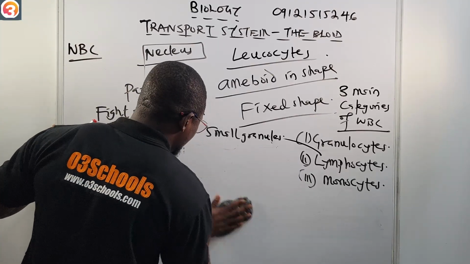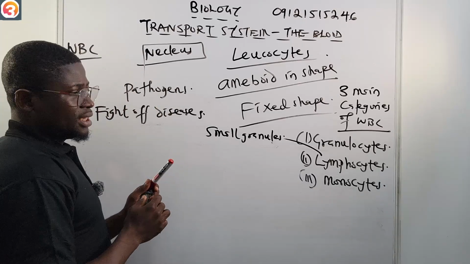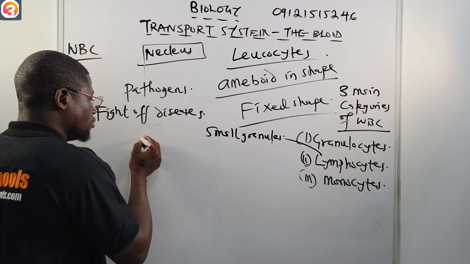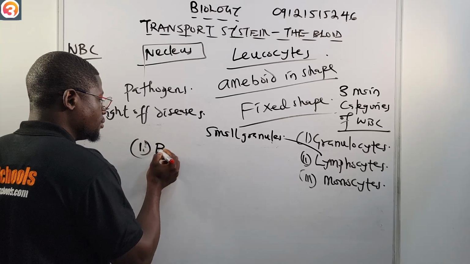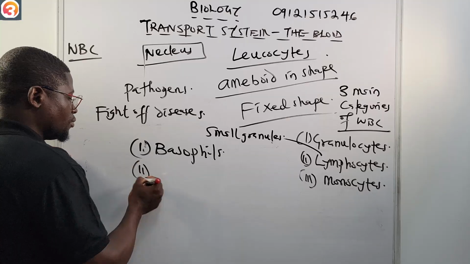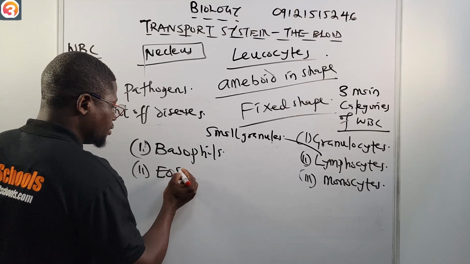These granulocytes have small granules, and they are divided into three. Number one, we have the basophils. Then number two, we have the eosinophils.